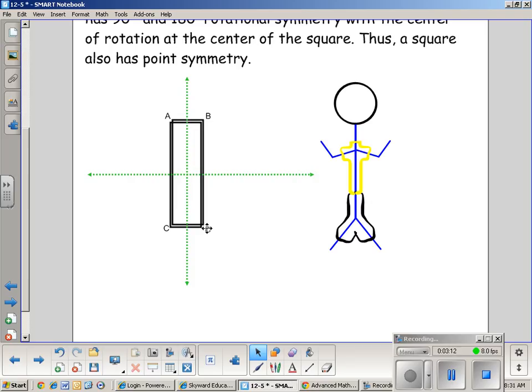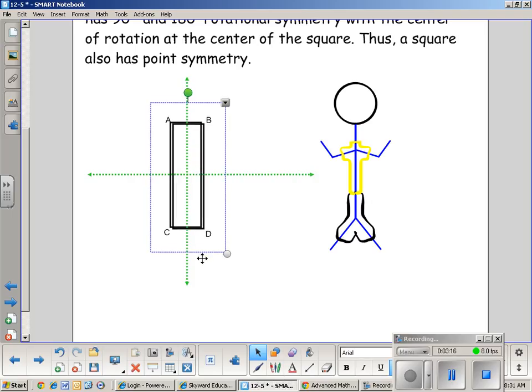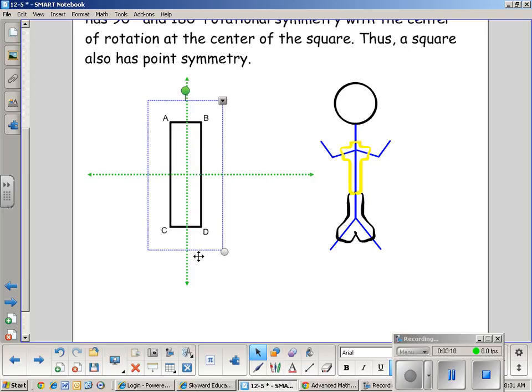I want you to see that as I move it around, it doesn't lose its shape. It still matches up right on top of the original. And if I didn't have anything there, you'd just be taking my word for it. So I have an original there, and when I manipulate this, I end up in the same place.